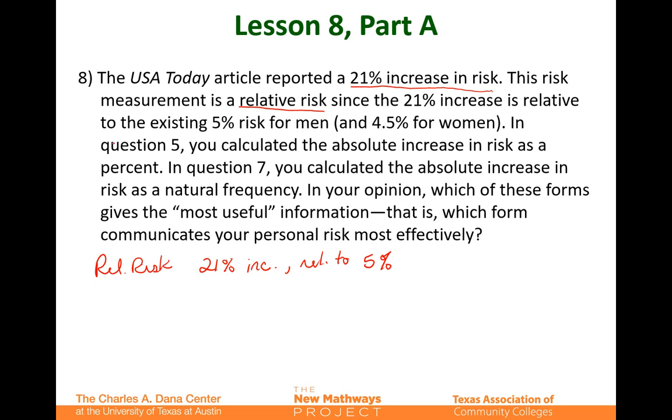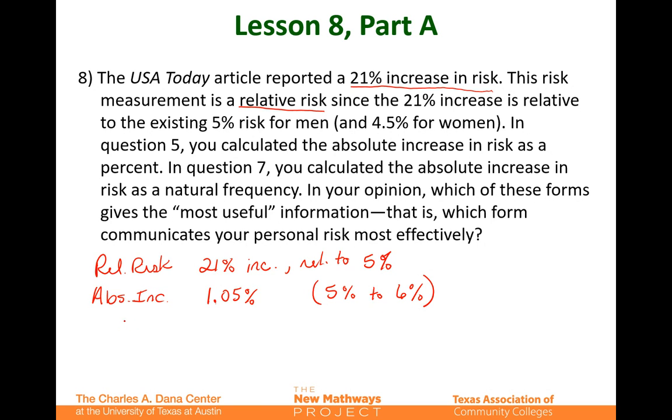When we calculated the absolute increase, it was 1%. Or if you want to be real fussy, it was 1.05%. There was a 1% absolute increase. It went from 5% to 6%.